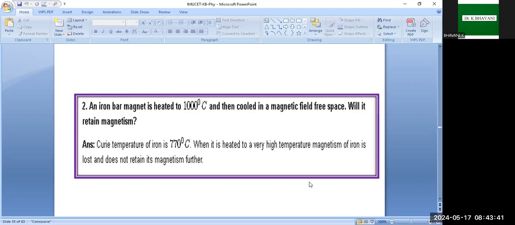Will it retain its magnetism? The Curie temperature of iron is 770 degrees Celsius. When it is heated to a very high temperature, the magnetism of iron is lost. So it does not retain its magnetism after heating above 770 degrees Celsius.